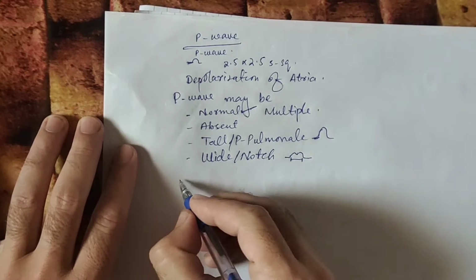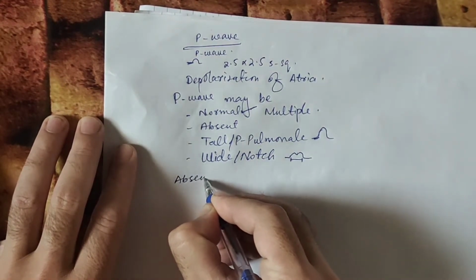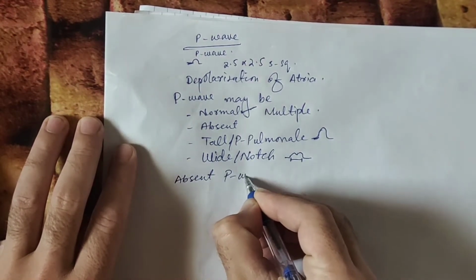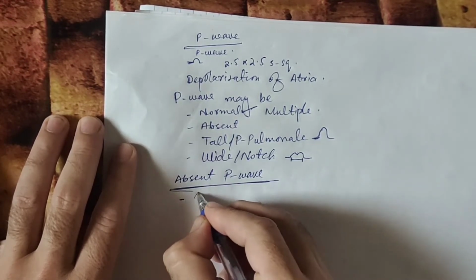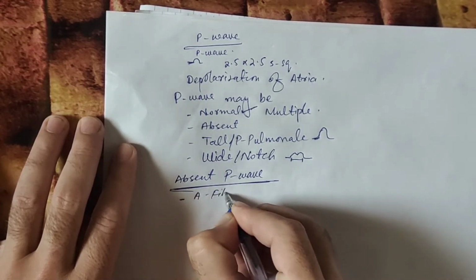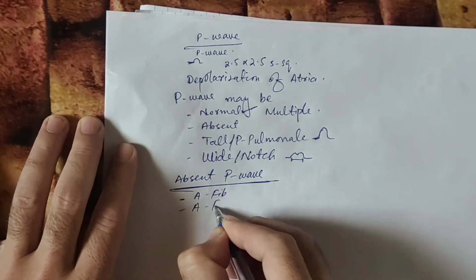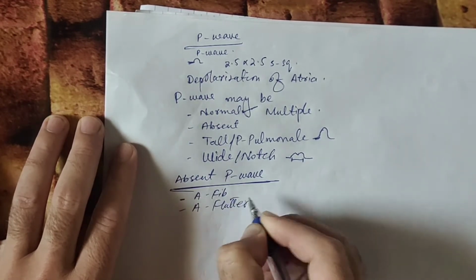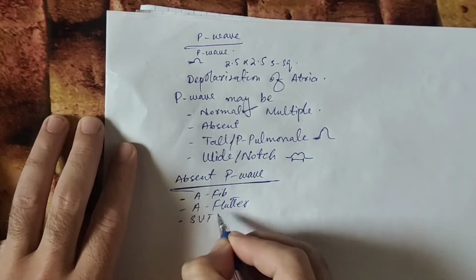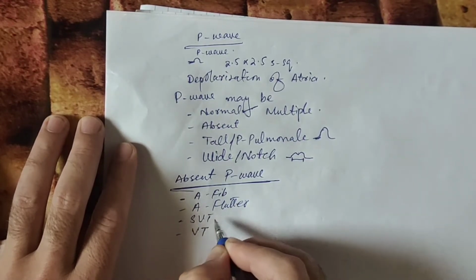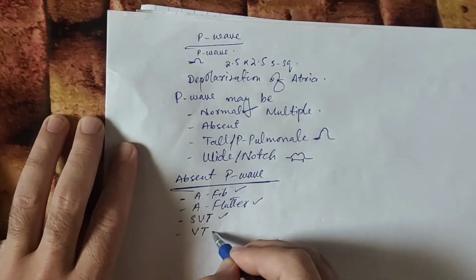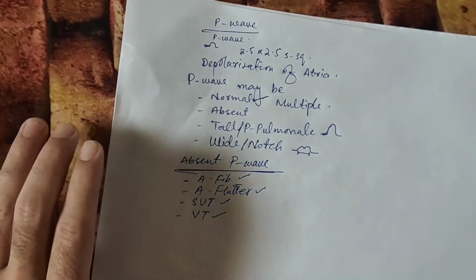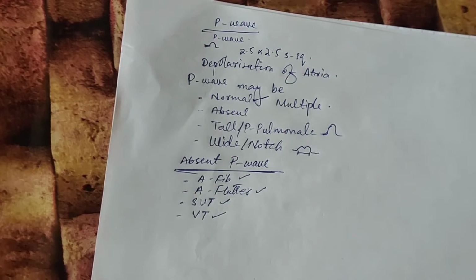When the P-wave is absent: atrial fibrillation, atrial flutter, supraventricular tachycardia and ventricular tachycardia. In these four cases we have no P-wave.